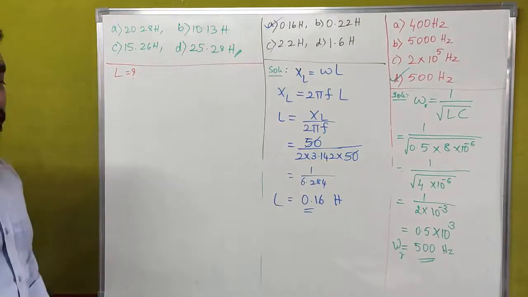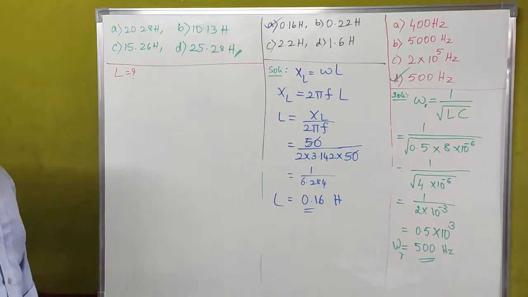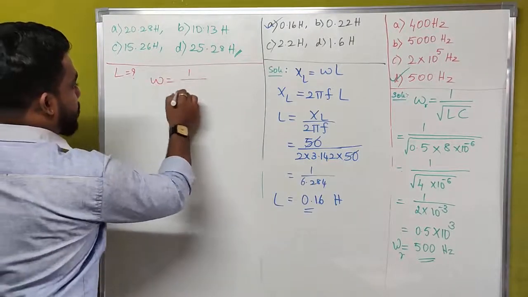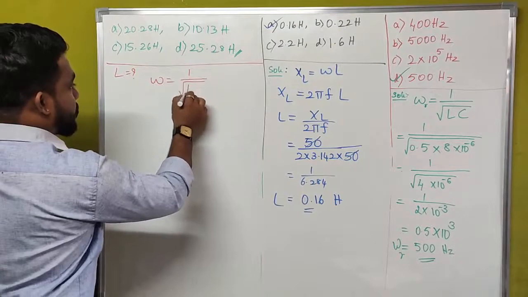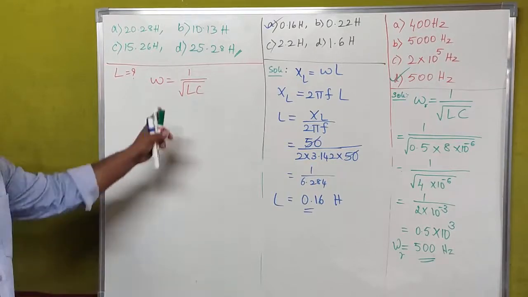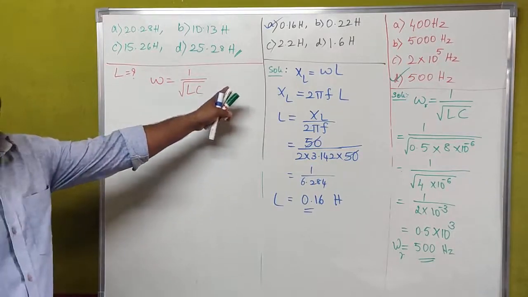How? Using our values. We know the expression for angular resonant frequency, that is omega is equal to square root of 1 divided by L into C. This is the resonance condition expression.